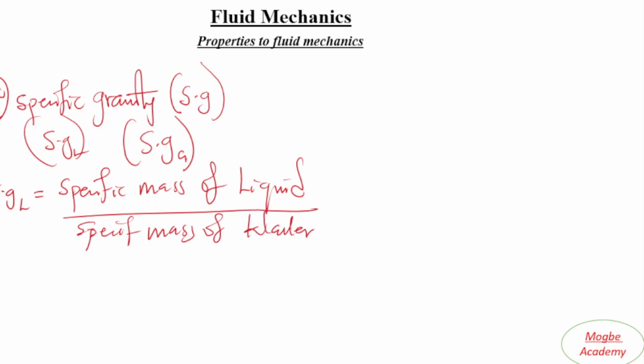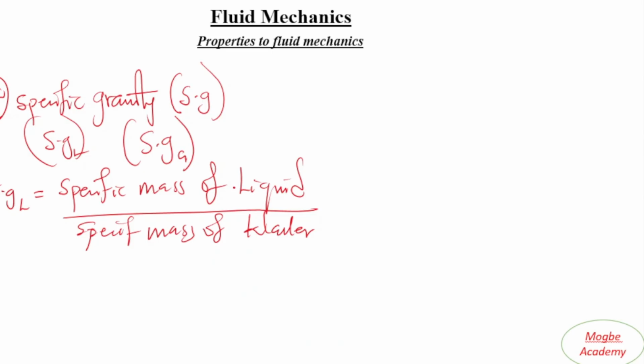So to calculate the specific gravity of a particular liquid that will be given to you, the first thing you do is get the mass of that liquid. The mass of the water will be given to you as a constant value in your question. Am I communicating?